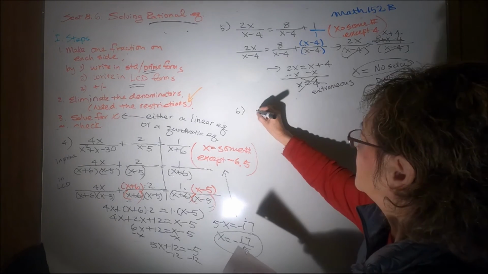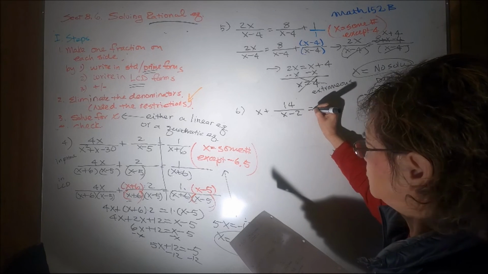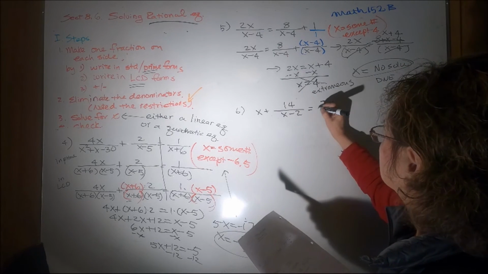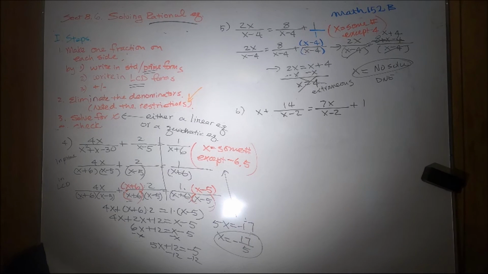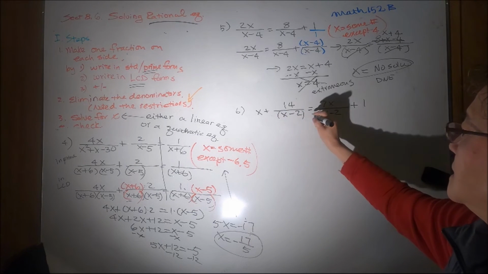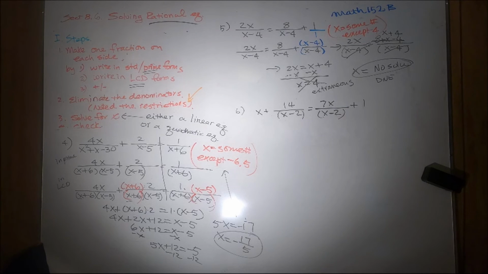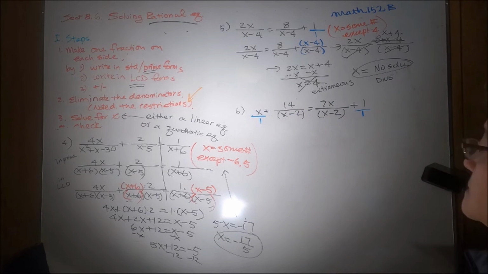Look at the next one. We have x plus 14 over x minus 2 equals 7x over x minus 2 plus 1, right? So is this a prime? Yes, right? So we want to make a single fraction on each side. So use 1 as the denominators for those.